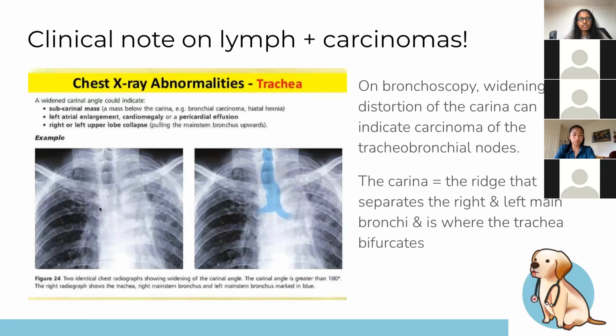And you can actually detect that on a chest x-ray. So over here is a chest x-ray. If you get widening of the carina, it basically means that you probably have a carcinoma of the lung area. So this is just an interesting clinical point that was brought up.